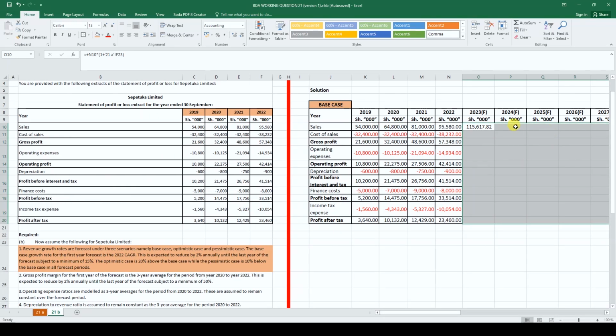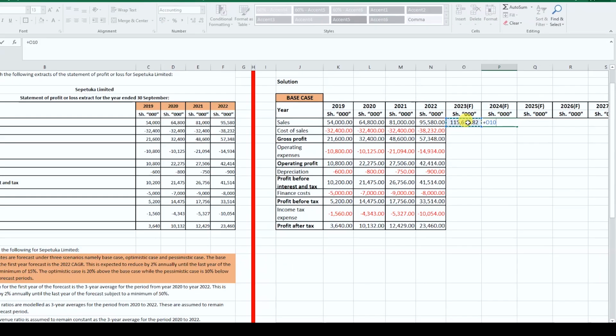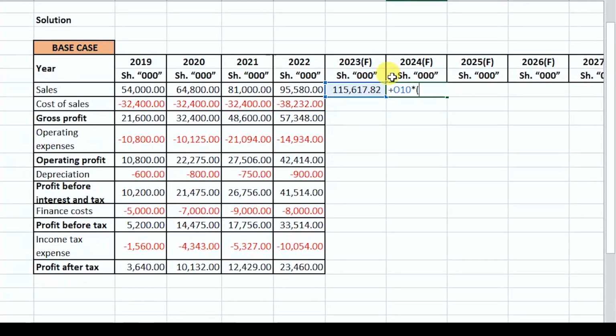So how about 2024? This is expected, you can see right on the bottom, on the left of your screen right here, to reduce by 2% annually until the last year of the forecast. We just pick plus that one over there, and then times, open the brackets, we pick 1 plus.